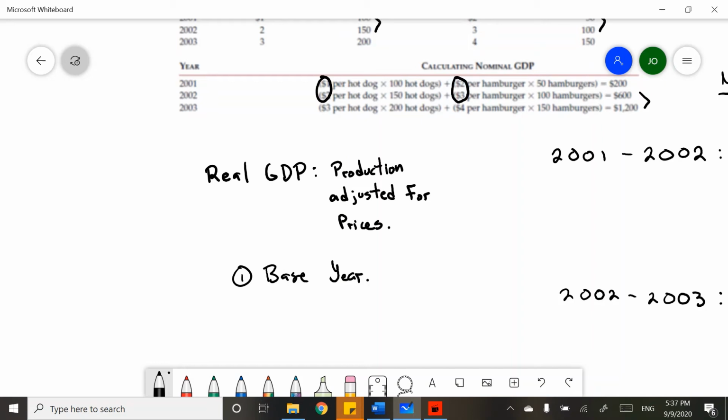So, for simplicity, we're going to pick 2001 as our base year. What does this mean? We go to our second step. Adjust the prices.